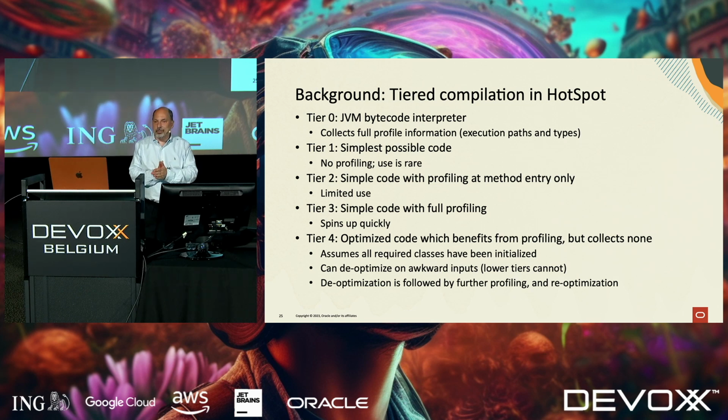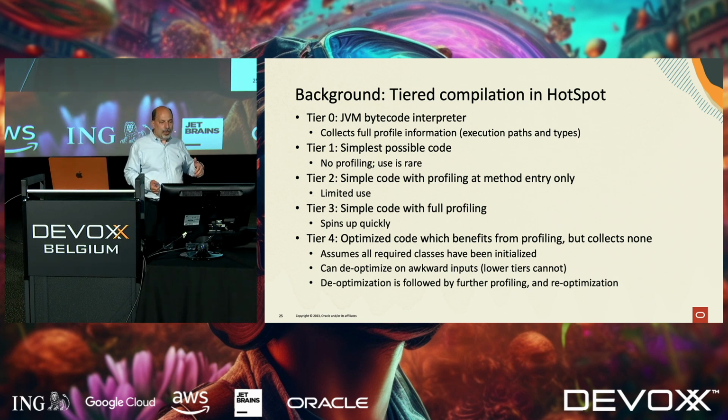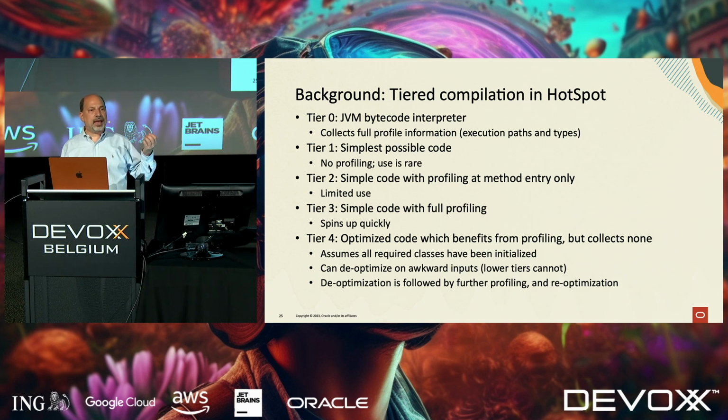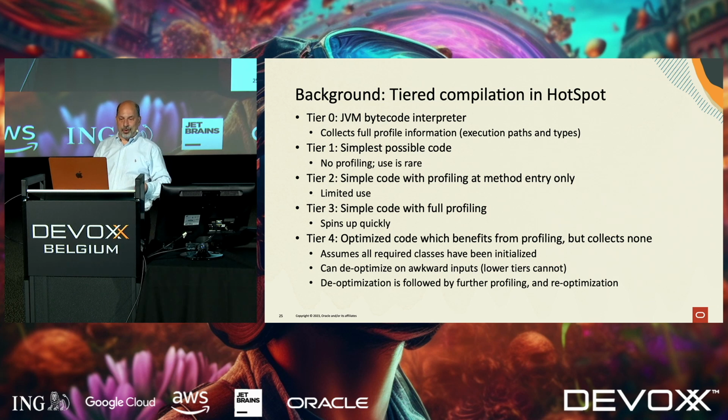But first, I want to talk a little bit about how dynamic compilation actually works. In the HotSpot JVM, there are a number of tiers used for compilation. Tier 0 is the interpreter. We have two compilers. C1 is a fast compiler that produces OK code. And then C2, or the Graal JIT, are highly optimizing compilers that produce awesome code, but they take longer to run.